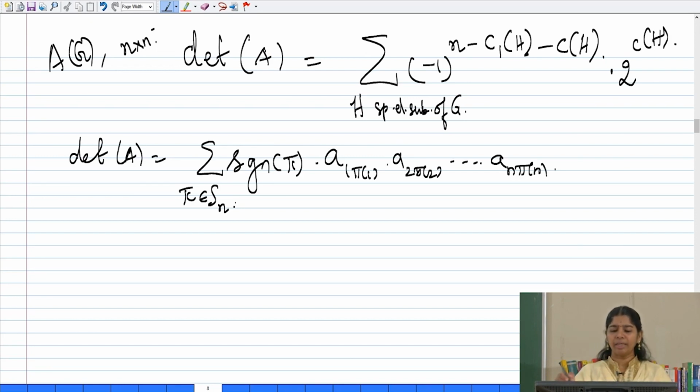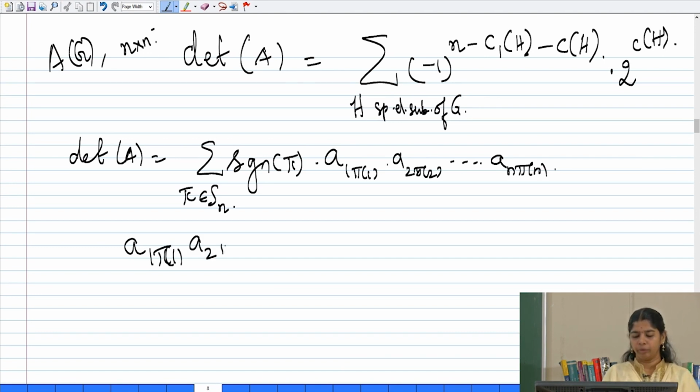Now, in our adjacency matrix setting, look at any non-zero term in the summation. What does that mean? Let me pick out one non-zero term, say a1 pi 1, a2 pi 2 and so on, an pi n.